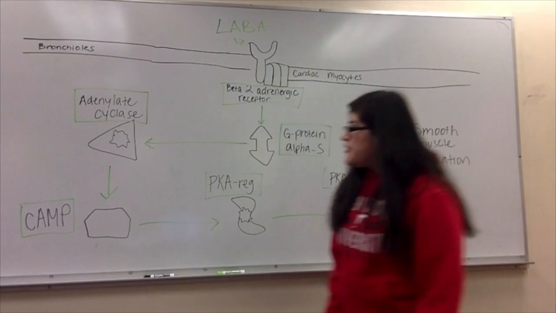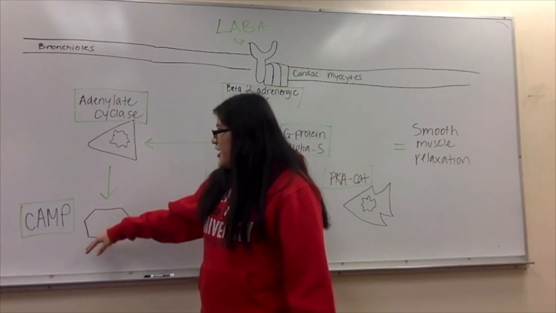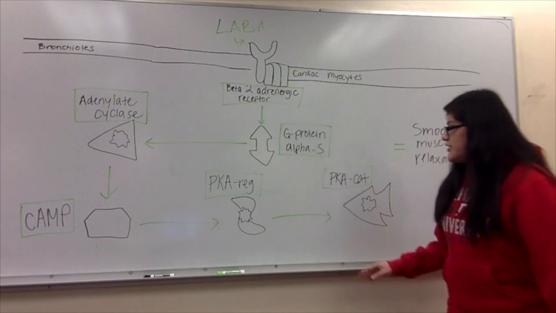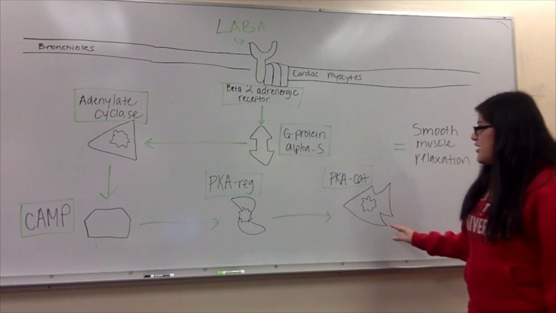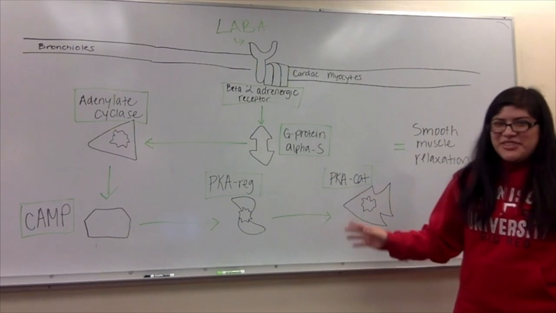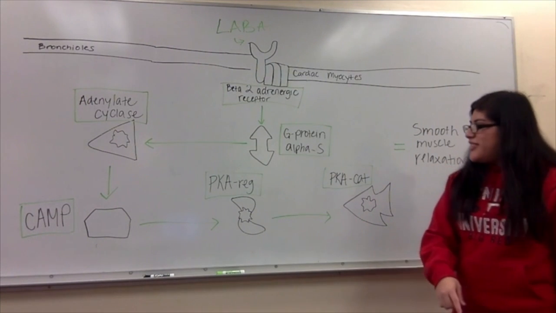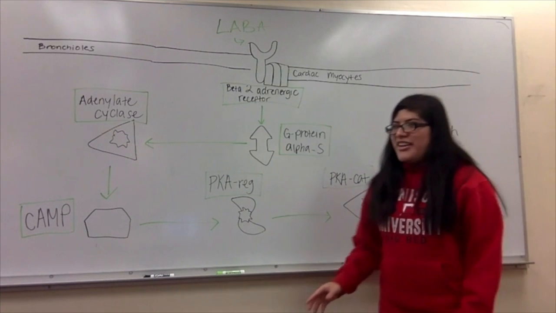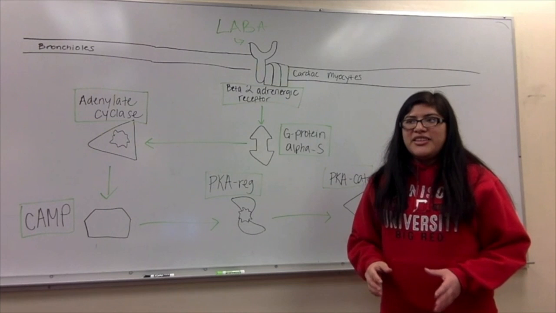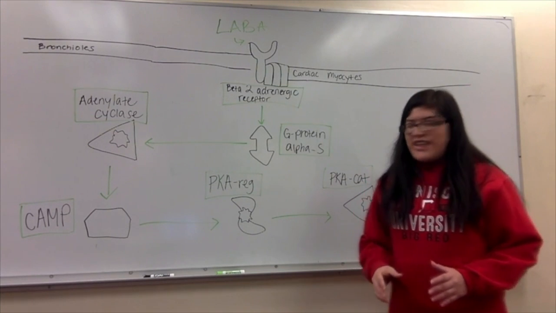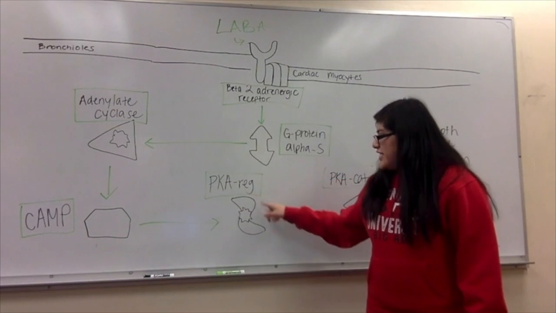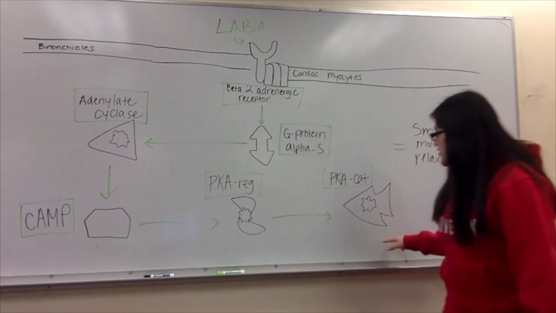As I was saying before, when a whole bunch of cAMP is being produced, it'll trigger this PKA signaling pathway. Make note of this, the PKA that we're talking about here is different from the PKA that we discussed with Dr. Joe. The pKa in our chemistry class is basically a number that judges how strong an acid is, but here PKA stands for protein kinase A, and there are two different types.